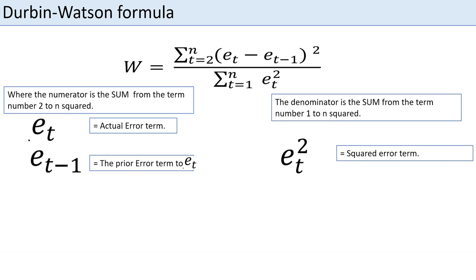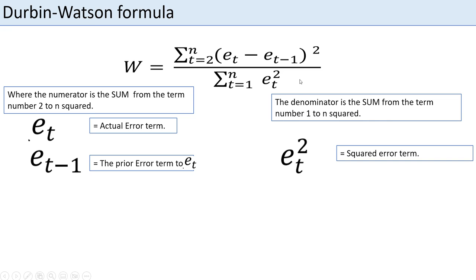So this is the formula for the Durbin-Watson, where e_t is the actual error term, and e_(t-1) is the prior error term to e_t. The numerator is the sum from the term number 2 to n of the squared differences.